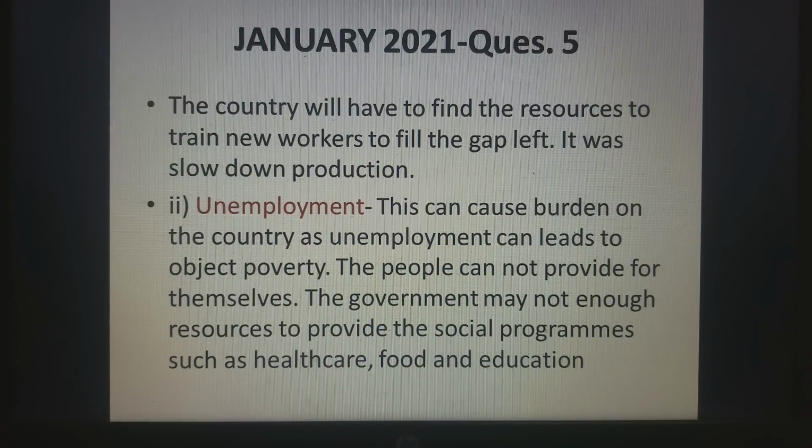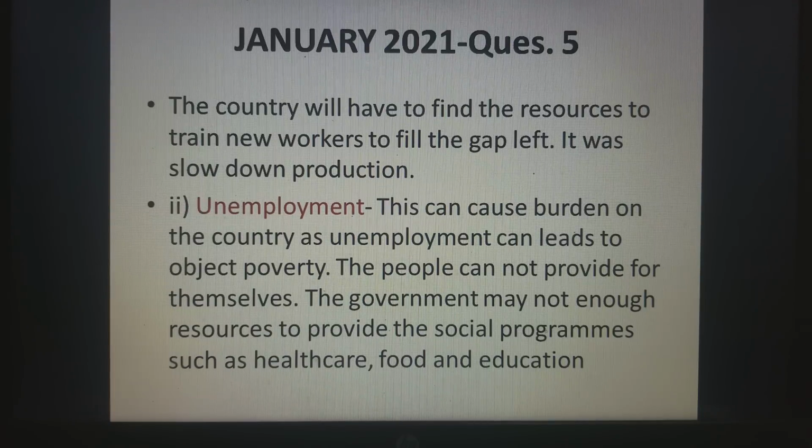Unemployment. What is the negative effect of unemployment? This can cause a burden on the country, as unemployment can lead to abject poverty. The people cannot provide for themselves, and the government may not have enough resources to provide the social programs such as healthcare and food and education.